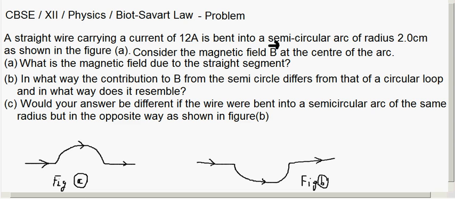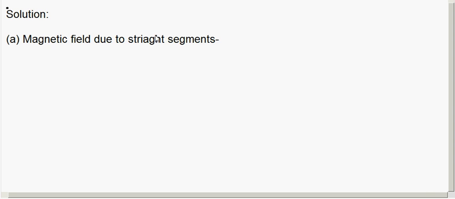Now according to Biot-Savart law, the magnetic field is given by mu naught by 4 pi into I dl sin theta divided by r square. Now here theta is the angle between dl and r, or theta is the angle between the current element and the distance vector.